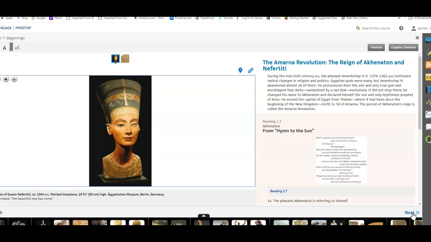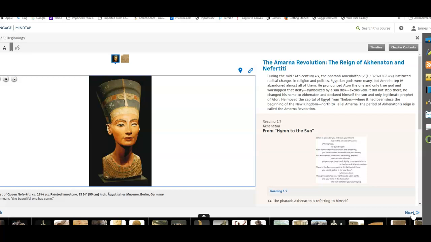Literally closed the temples, had new temples built only to Aten, which was the sun, literally the disk of the sun was the god, and had a new capital built in Amarna, and so that's why it's called the Amarna Revolution here. He had new buildings built, new temples, literally closed the other ones.